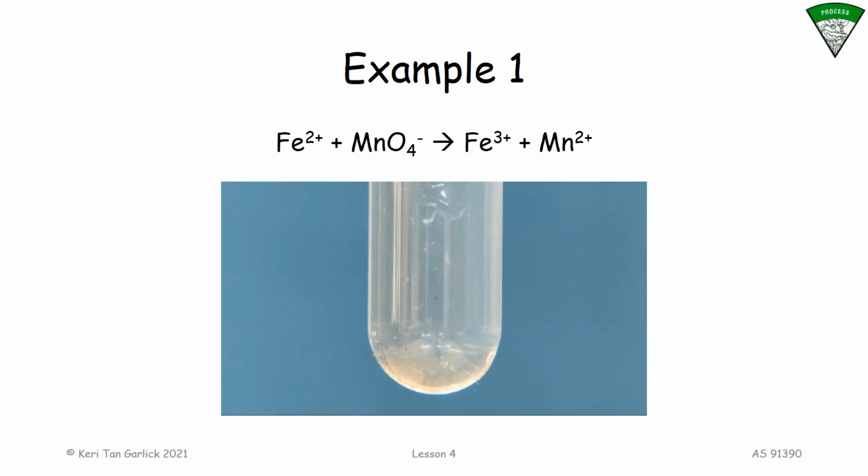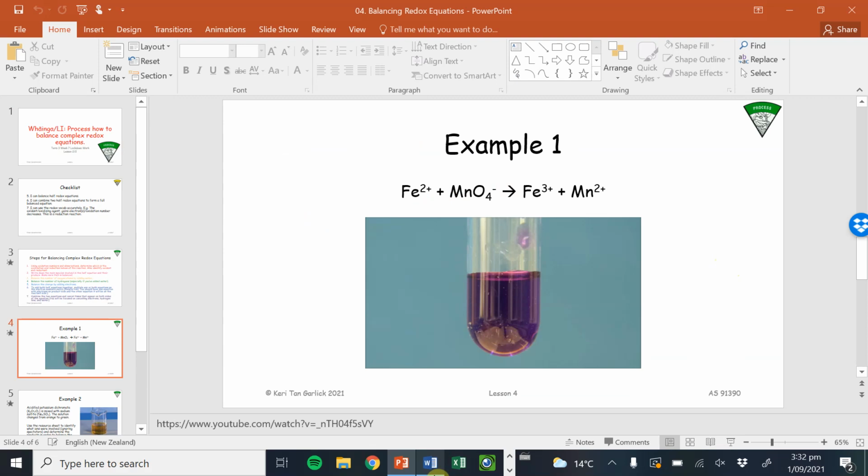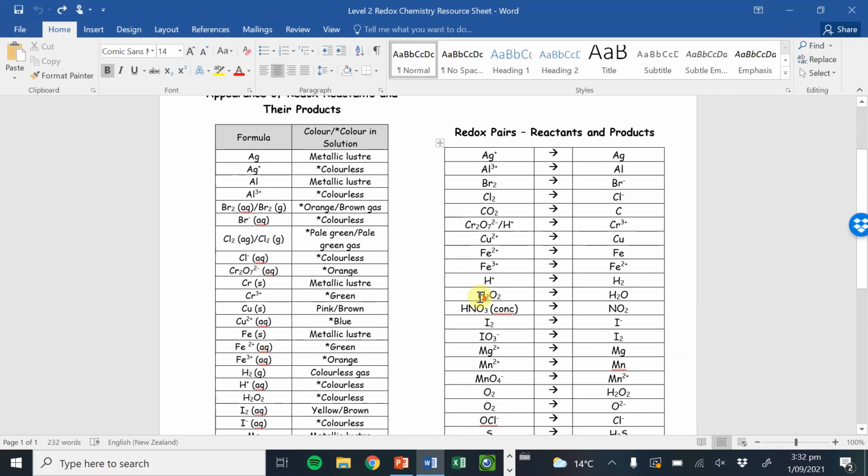I want you to start seeing observations and tying those observations to the species that are involved. The iron 3 is actually a pale orange color, which leaves a kind of undertone there, but the main thing is that it's basically pretty colorless. In case you're wondering where I got those colors from, I'm getting them from the resource sheet.